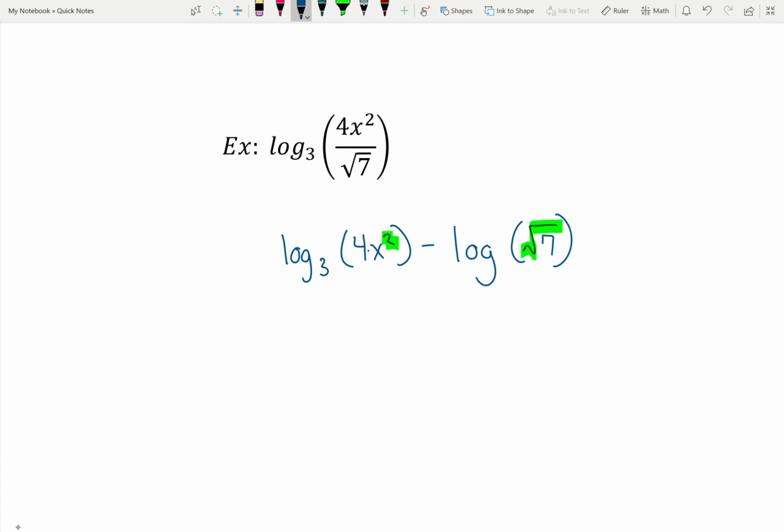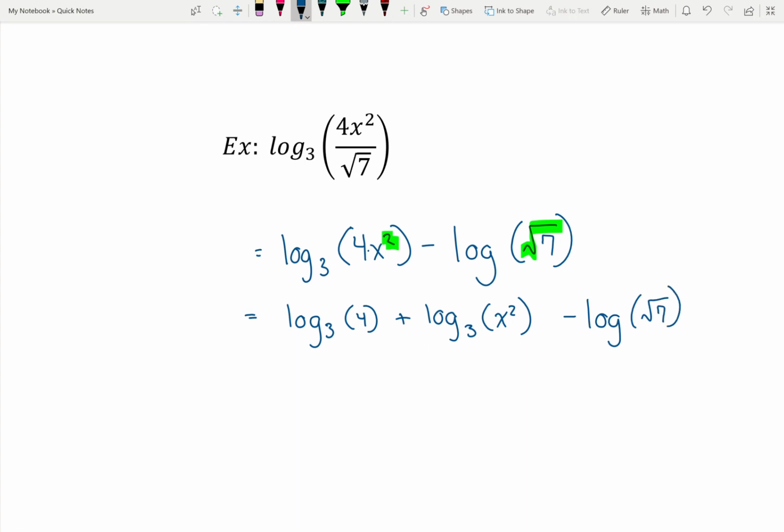So let's break up this term right here. Using the product rule, this breaks up into log base 3 of 4 plus log base 3 of x squared minus log of the square root of 7. Okay, so now let's deal with the two exponents, which is 2 and 1 over 2, 1 over 2 being the square root.